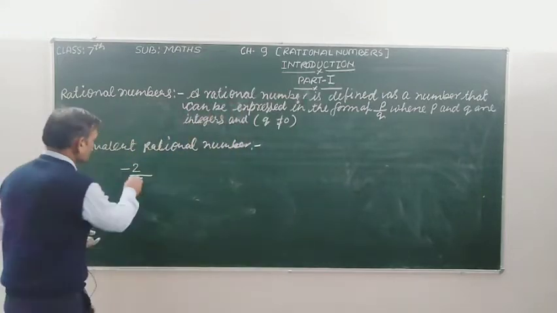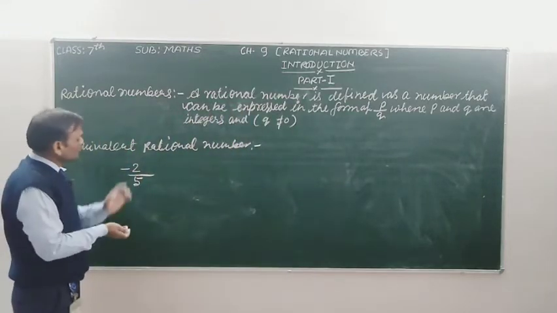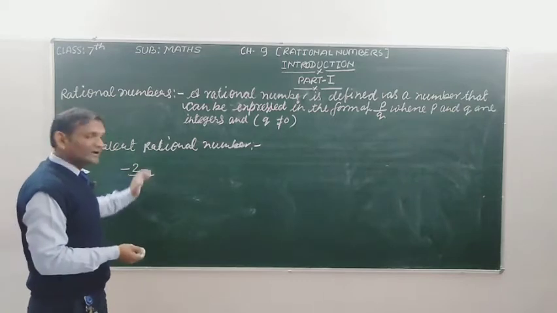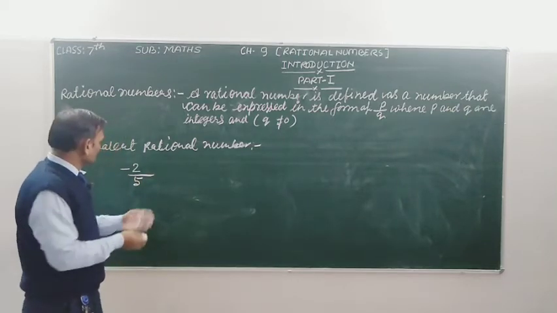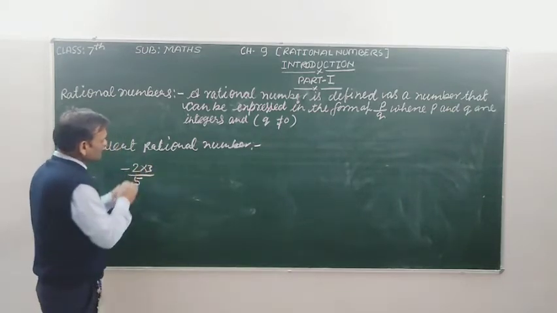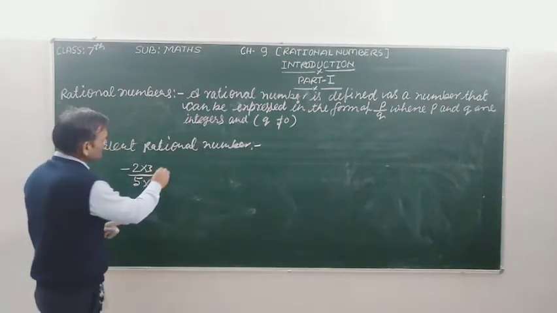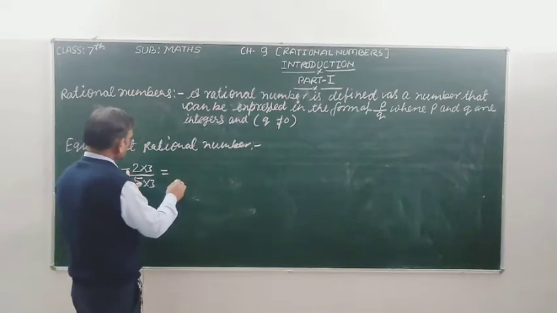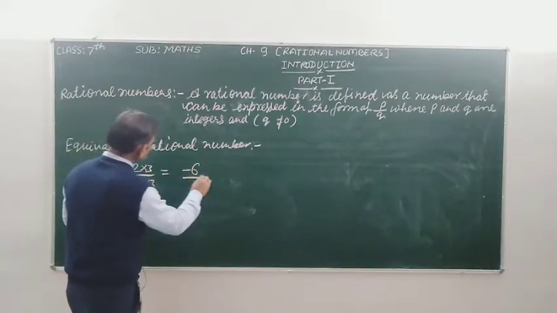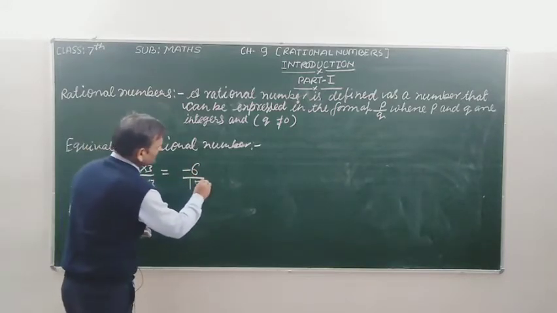So student, we have to multiply by the same number in numerator and denominator, then we can find the equivalent rational number. So multiply by 3 in numerator and multiply by 3 in the denominator, so we get 2 3s are 6, minus 6, upon 5 3s are 15.